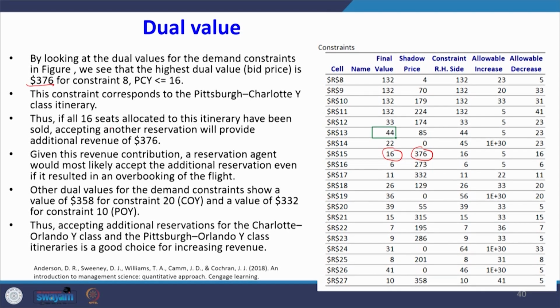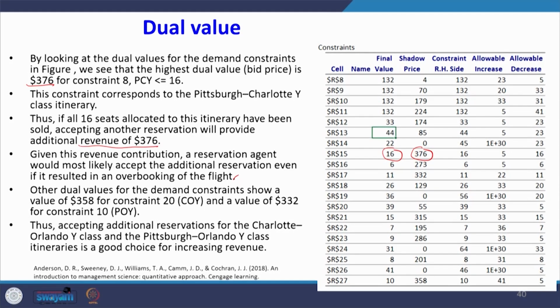Thus, if all 16 seats are allocated to this itinerary, accepting another reservation will provide an additional revenue of $376. So, given this revenue contribution, the reservation agent would most likely accept the additional reservation even if it resulted in overbooking of the flight.